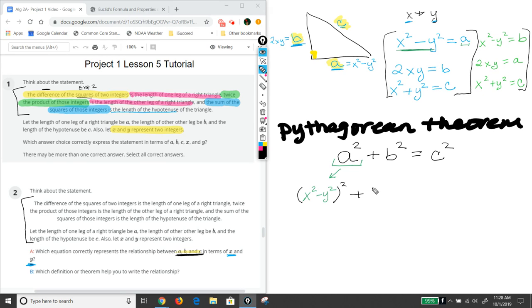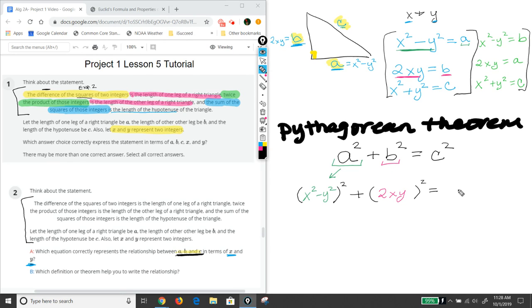And I'm going to add that with the square of B. So I just need to replace whatever B is equal to here. And there's my B, that's equal to 2xy. So I use that substitution rule for B.